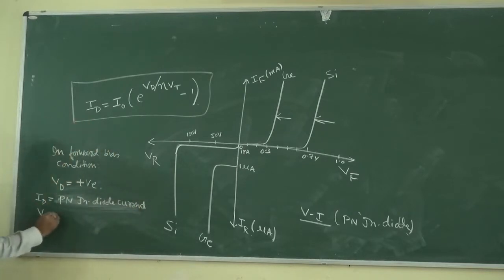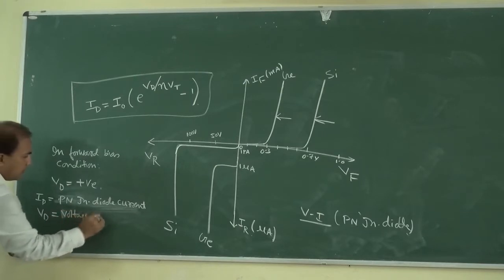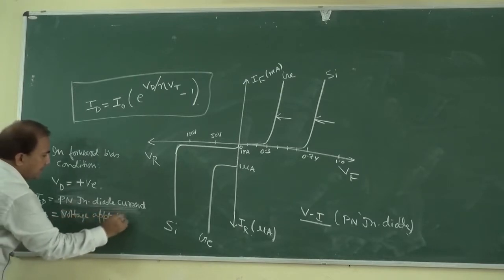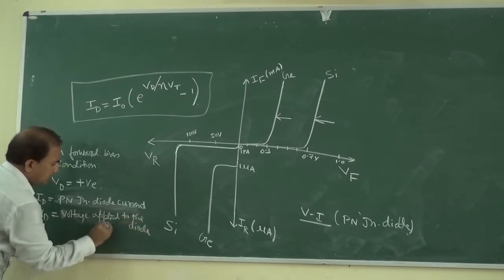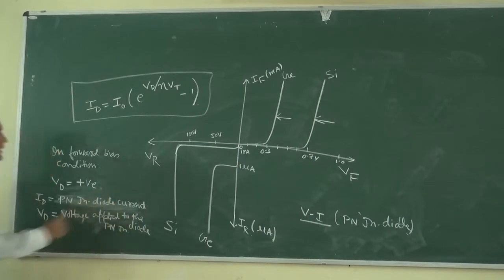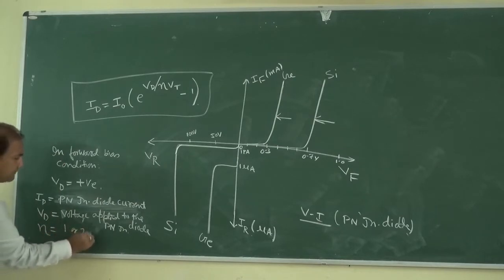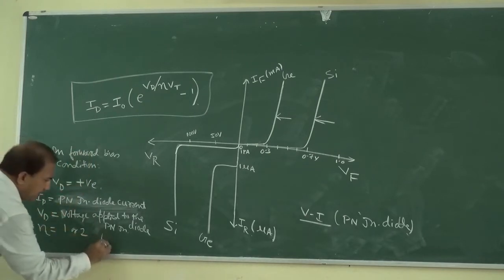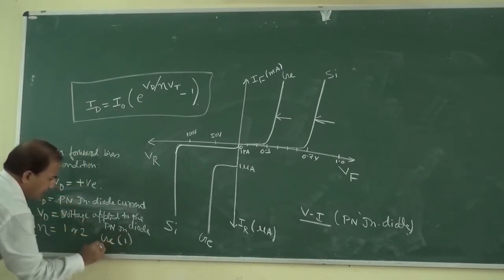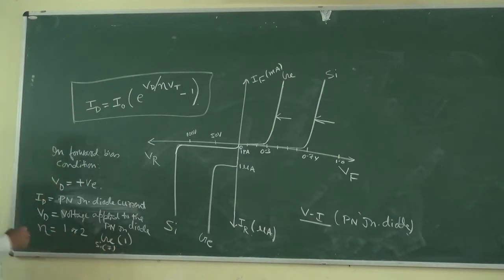What is this Vd? Vd is the potential or voltage applied to the diode, to the PN junction diode. Similarly, what is eta? Eta is equal to 1 or 2 depending upon the material of the diode. If it is germanium, it is 1. If it is silicon, it is 2.